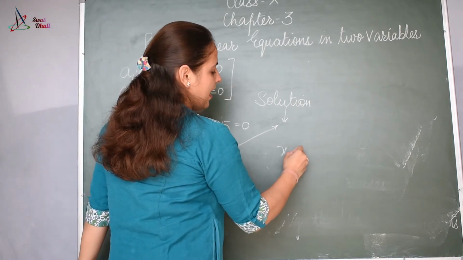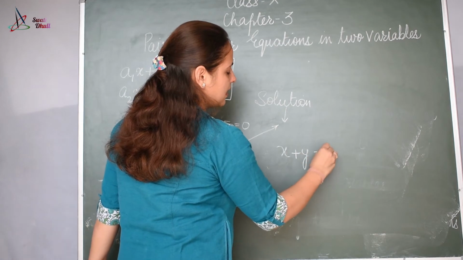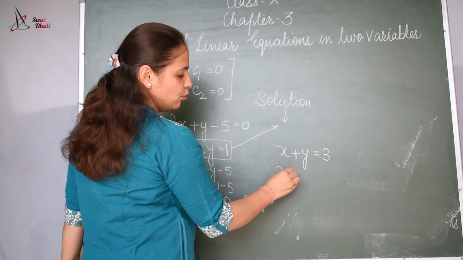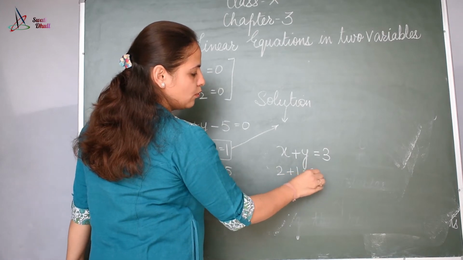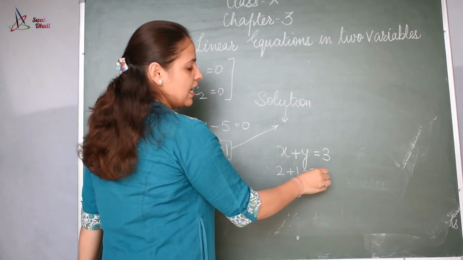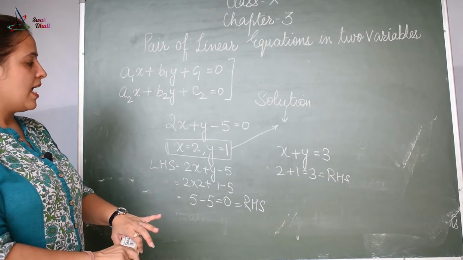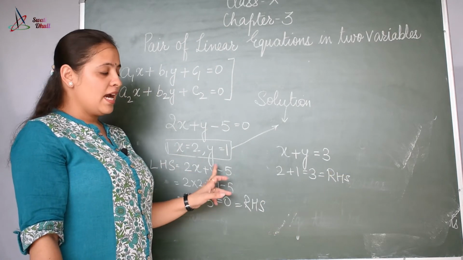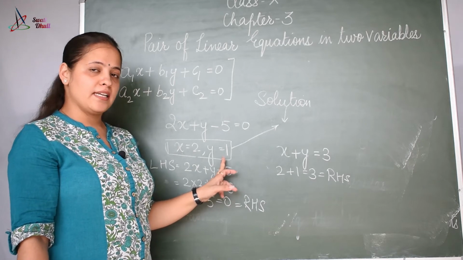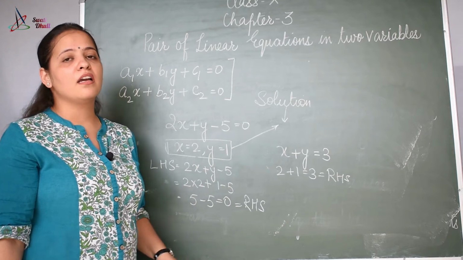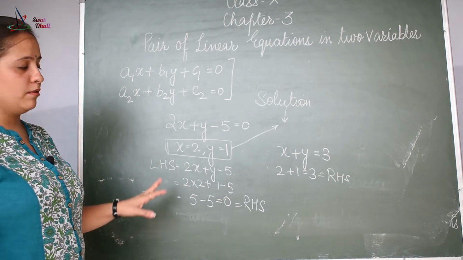Let us say x plus y is equal to 3. So if I put 2 plus 1 is equal to 3, that means LHS is equal to RHS. That means x is equal to 2 and y is equal to 1 is the solution of these two linear equations in two variables.